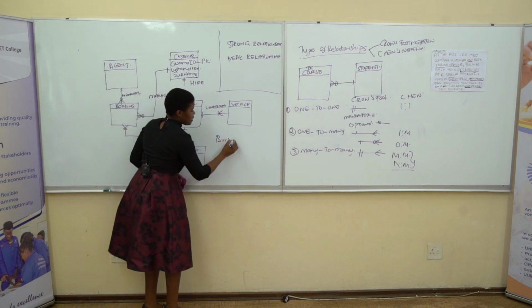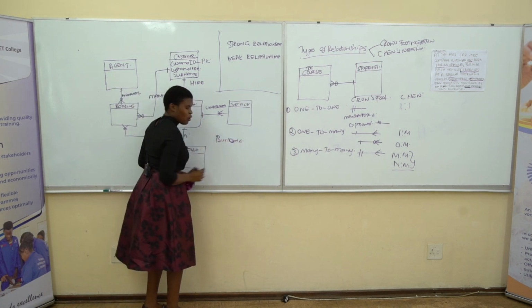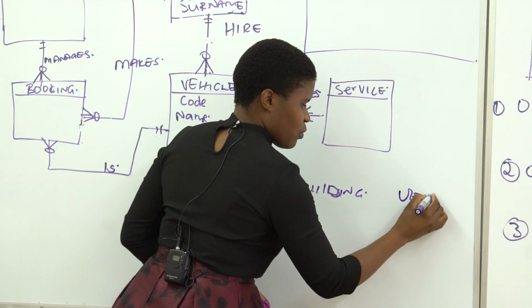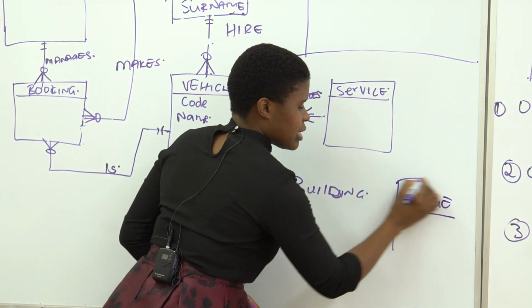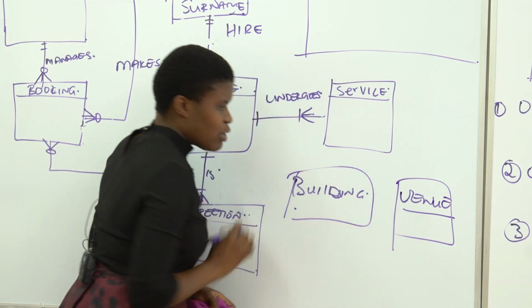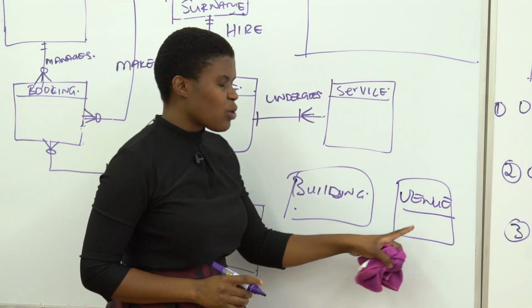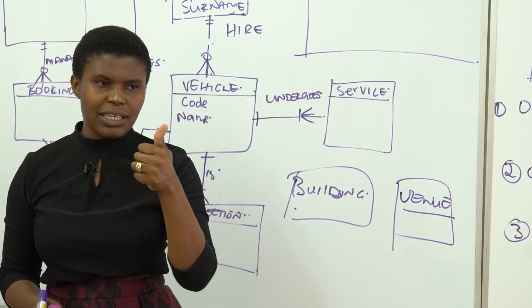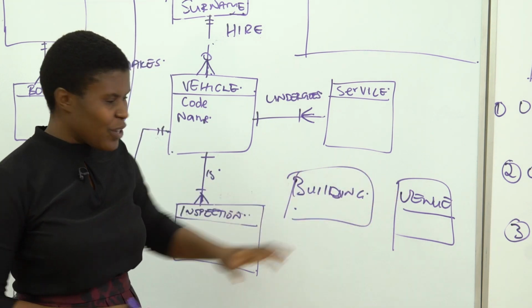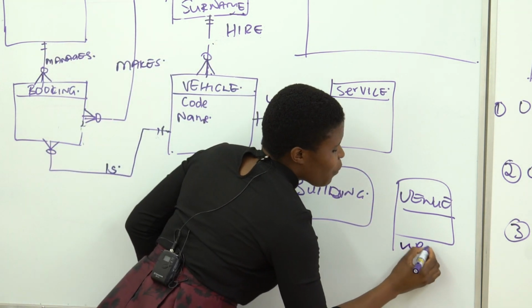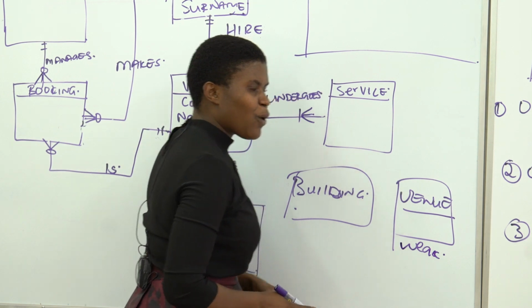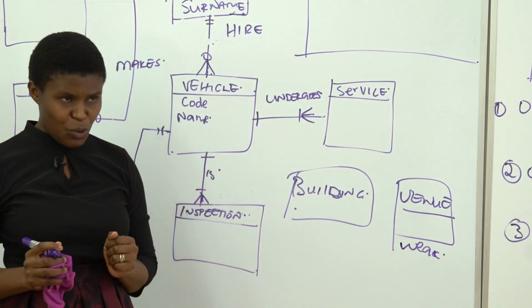If you have a building and all of a sudden we have a venue, these are two entities. So now if you can check, you cannot say you book a venue without a building. A building provides a venue. This one becomes a weak entity because it cannot exist on its own.